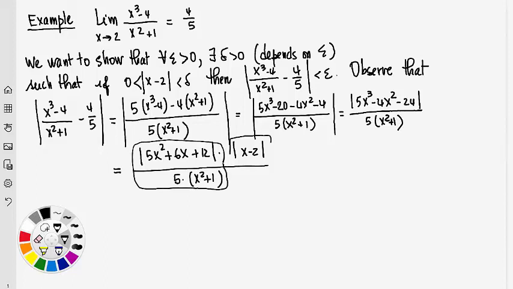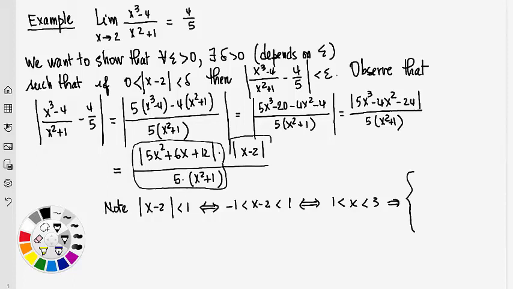So first, note that if the distance between x and 2 is less than 1, this is equivalent to the fact that negative 1 is less than x minus 2, which is less than 1, which is equivalent to 1 being less than x, which is less than 3, by adding 2 everywhere.